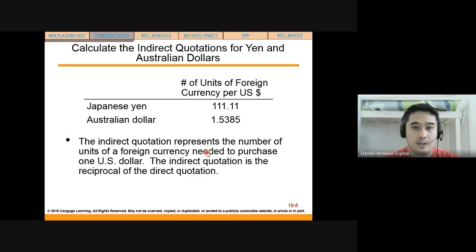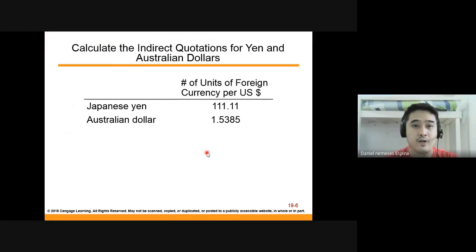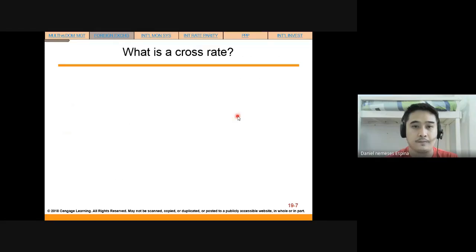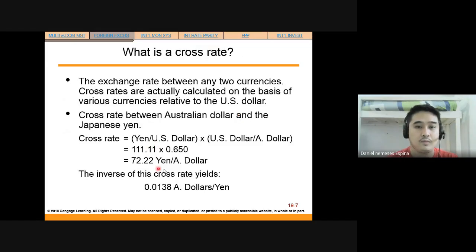So we can say that it's actually the indirect quotation of the Japanese yen divided by the direct quotation of the Australian dollar, to get the cross rate of both currencies.